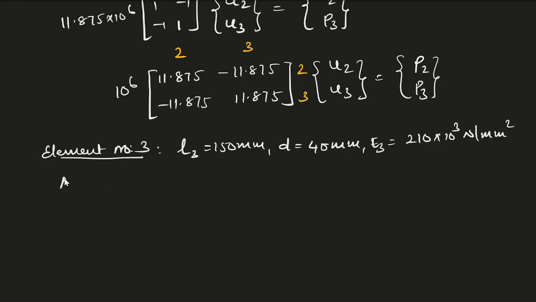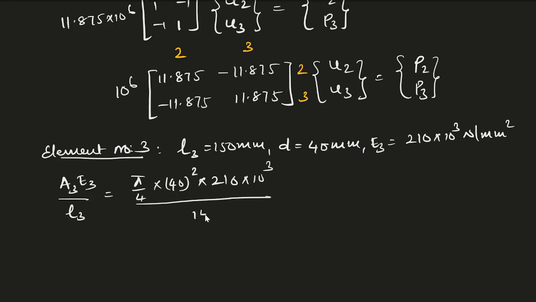So find the value A3 E3 divided by L3. Here we'll have pi by 4 into 40 the whole squared into 210 into 10 power 3 divided by 150. If I put it in the calculator, this gives me 1.7593 into 10 power 6 Newton per mm.